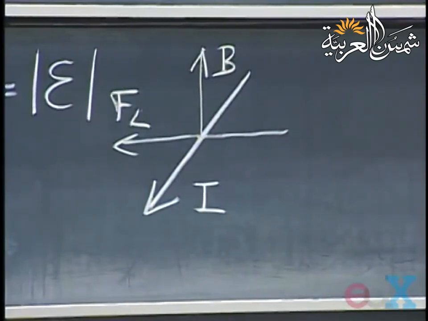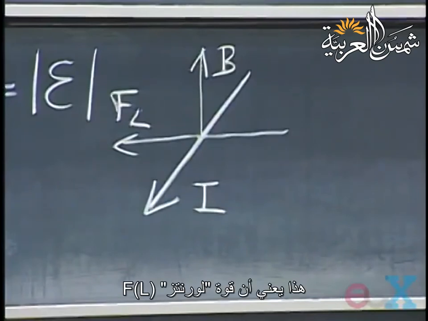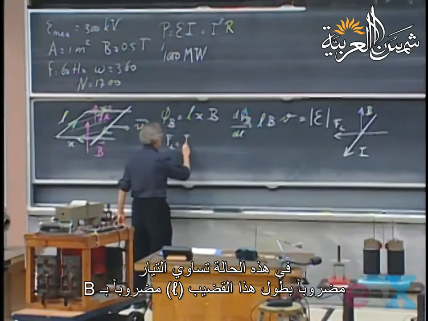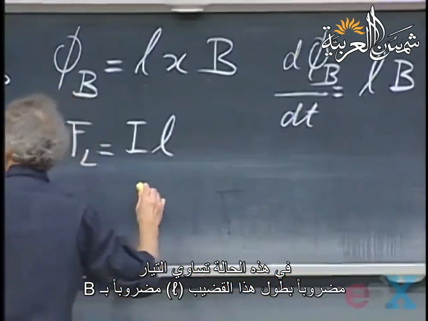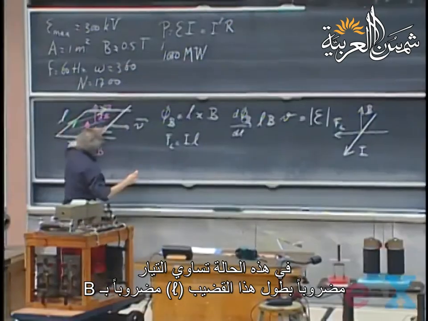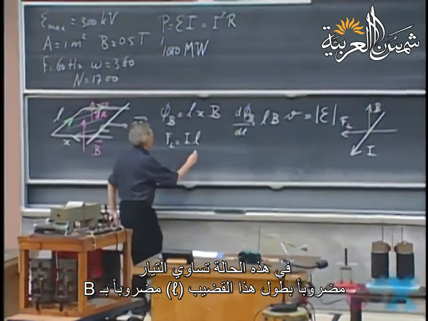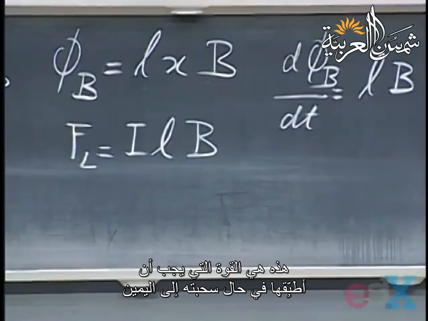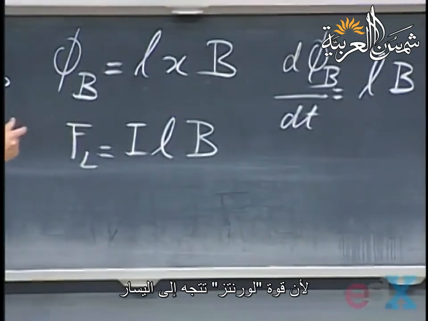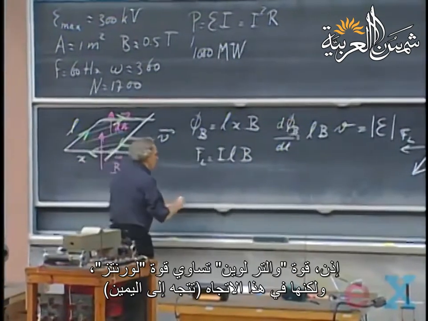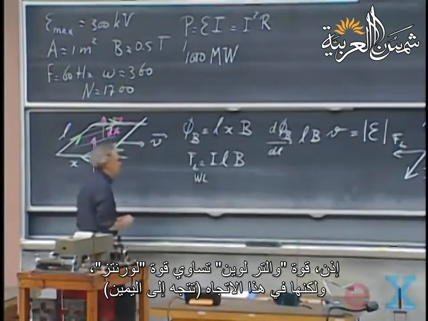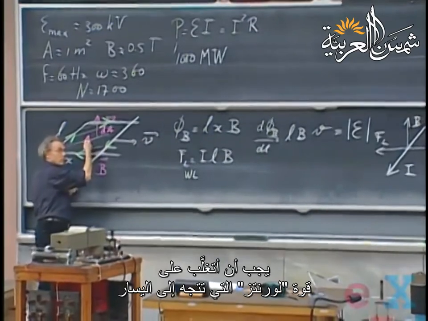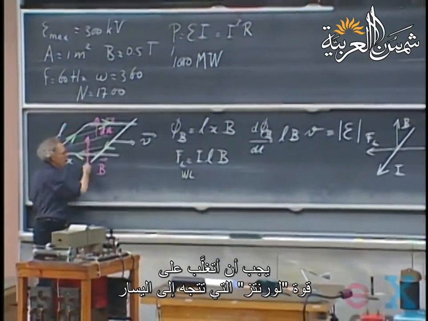That means the Lorentz force, F_L, which in this case would be the current times the length of this bar, times B, is that force to the left. So the force of Walter Lewin is the same, but in this direction. I have to overcome the Lorentz force in this direction.